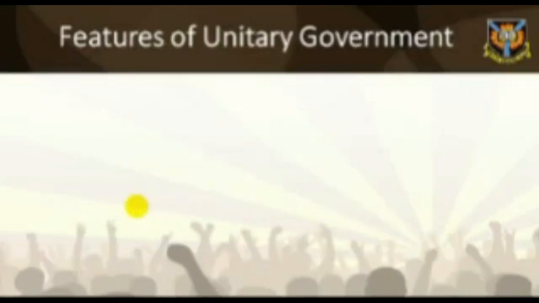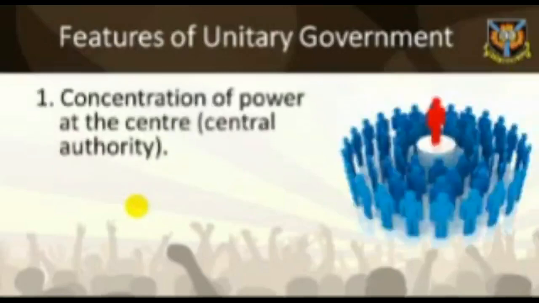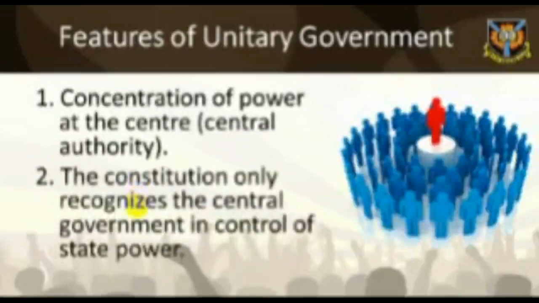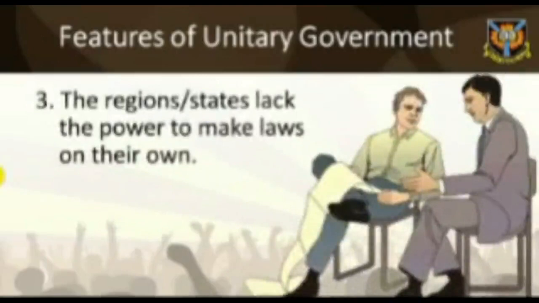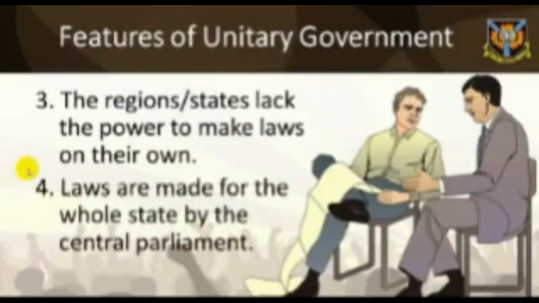Features of unitary government. 1. Concentration of power at the center, that is, central authority. 2. The Constitution only recognizes the central government in control of the state power. 3. The regions or states lack the power to make laws on their own. 4. Laws are made for the whole state by the central parliament. 5.